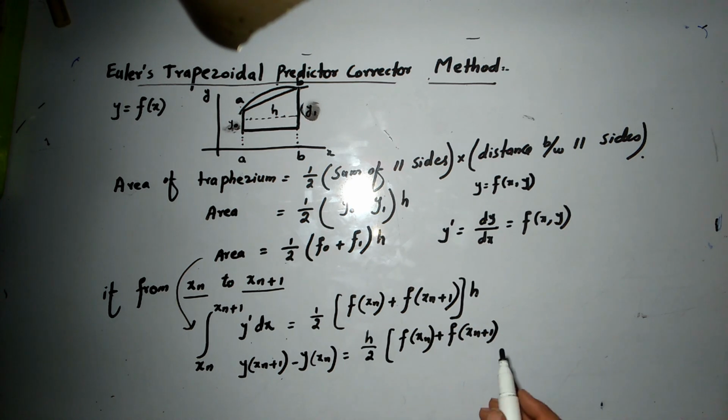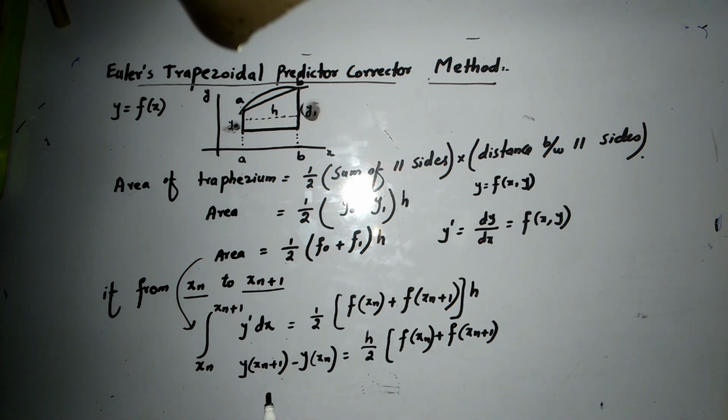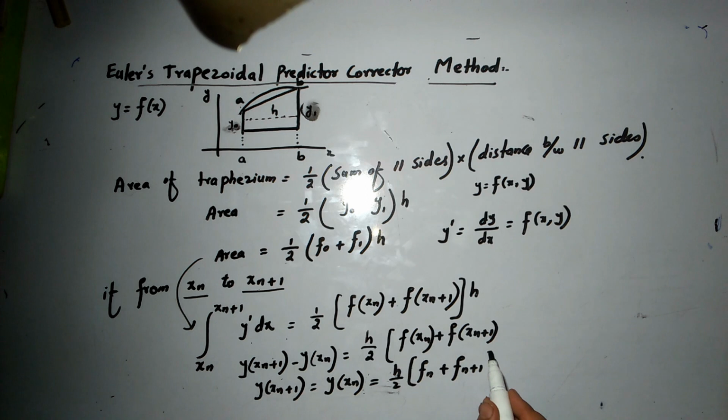To form the formula, y of xn plus 1 will be equal to y of xn plus h over 2 times f of n plus f of n plus 1.